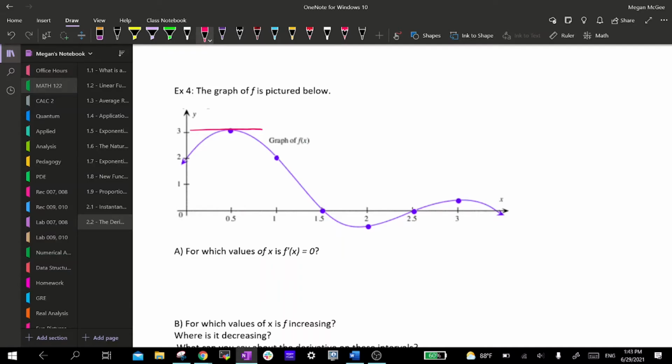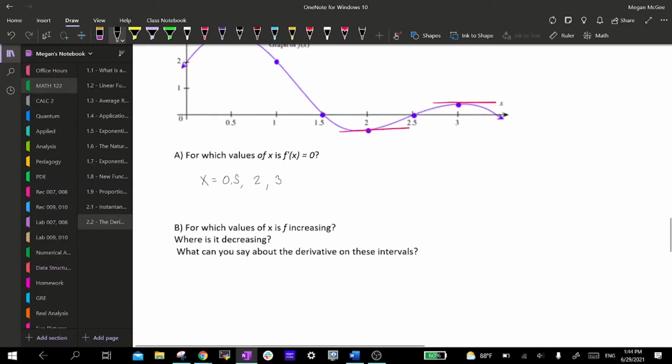So there, and there. We have 3 places with a horizontal tangent line. So when x is equal to 0.5, when x is equal to 2, and when x is equal to 3, our derivative is 0. All right.